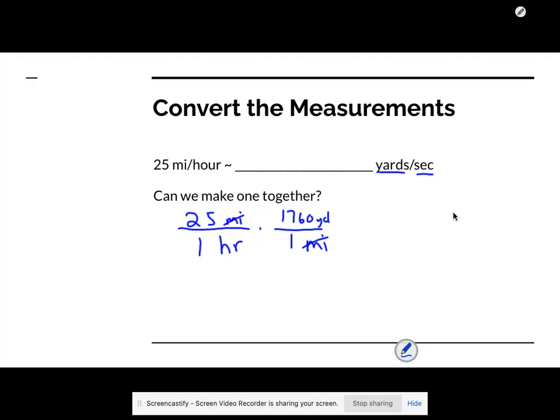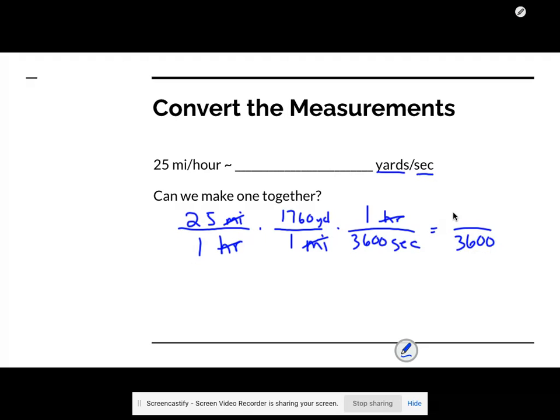So my miles will cancel, leaving me with the yards that I want, and I need hour on top and seconds on the bottom. So 1 hour is 3,600 seconds. Now, I could have done 1 hour is 60 minutes, and then 1 minute is 60 seconds, but I know that 3,600 seconds is 1 hour, so I just skipped one step.